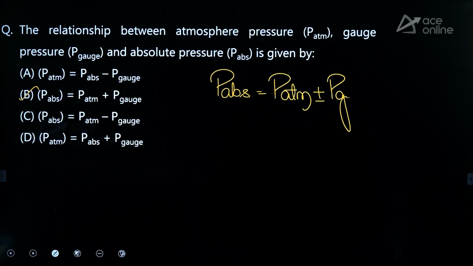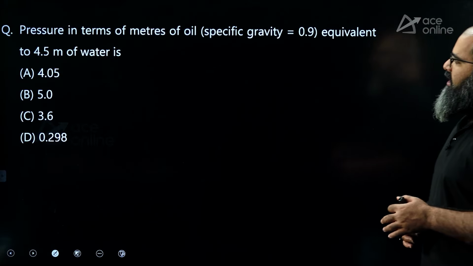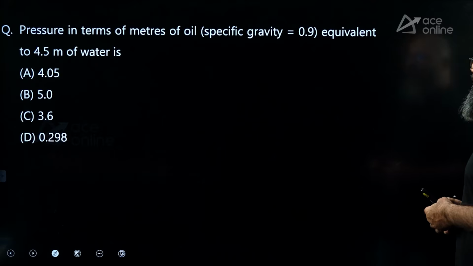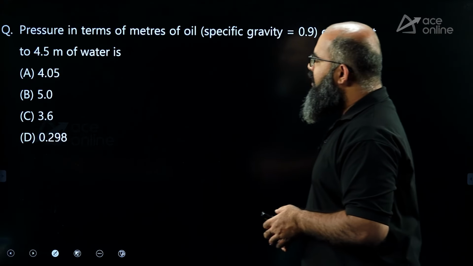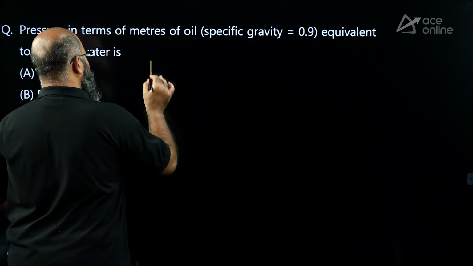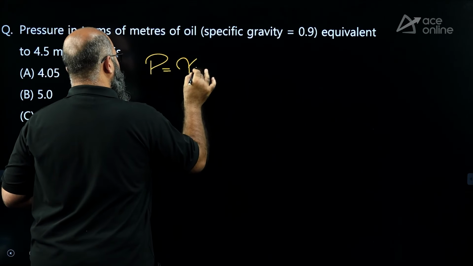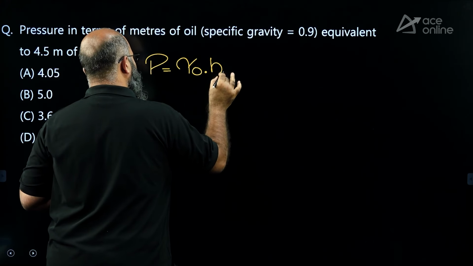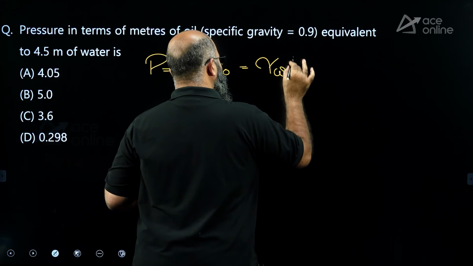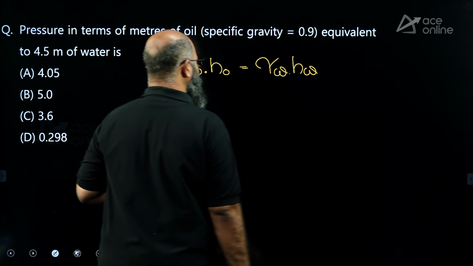Moving further. The next question is saying, pressure in terms of meter of oil, specific gravity 0.8, equivalent to 4.5 meter of water is how much? Now, pressure over here is equal to gamma oil multiplied by H oil has to be equal to gamma water multiplied by H water.